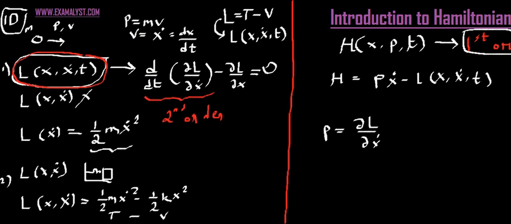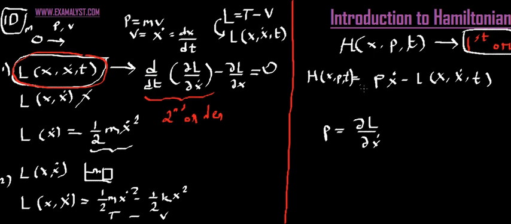And this Hamiltonian, let me write it in more precise way. Yeah, and this Hamiltonian will be a function of what? As I said, this Hamiltonian will be a function of x, p, and t.